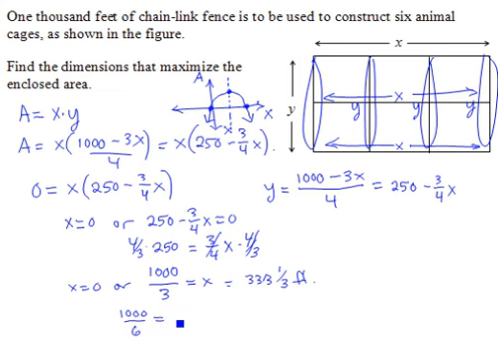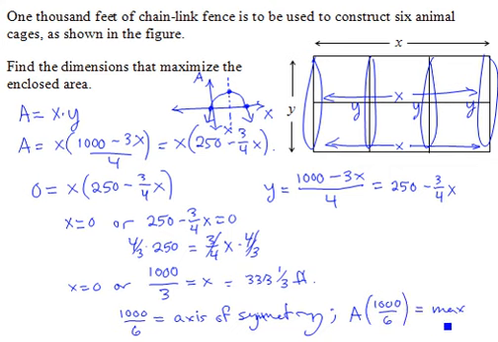That's going to be the axis of symmetry for that parabola. It is also, if we compute A at 1,000 over 6, it will give the max value for the area. This is our x-coordinate. This is what we need x to be to maximize that area.